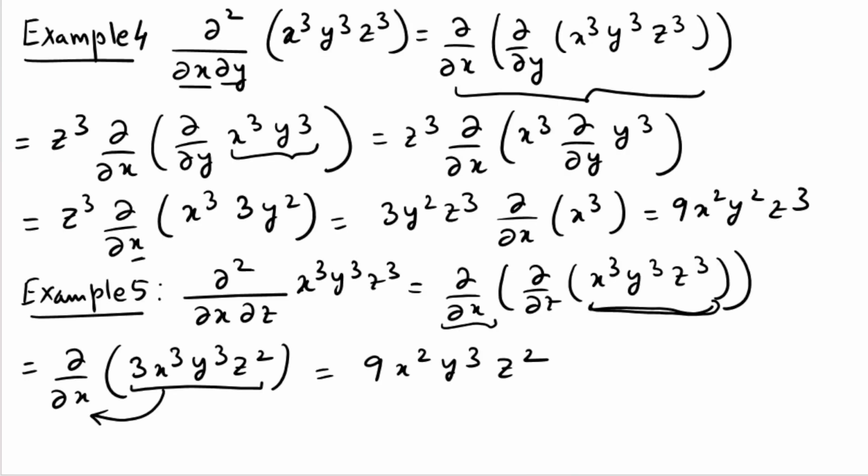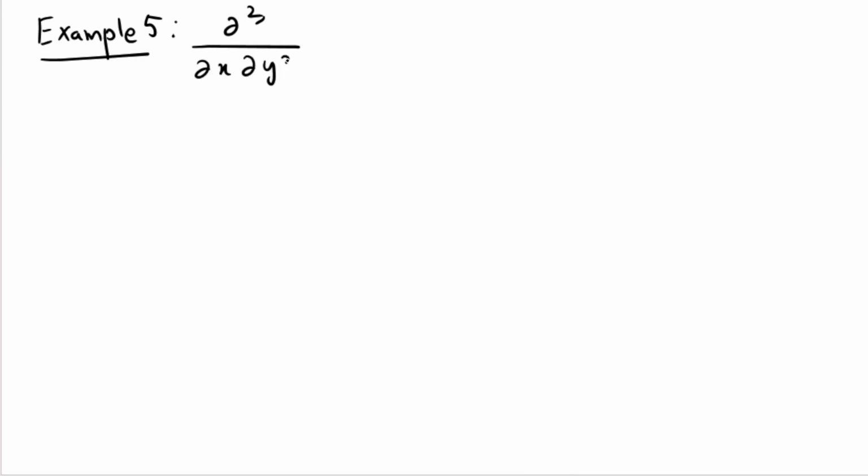Let me conclude this with a higher order mixed partial derivative. We write example 5. This involves double derivative with respect to one variable and also a mixed partial derivative. So therefore, let's say I want to calculate this ∂³ ∂x ∂y² of x³y³z³.